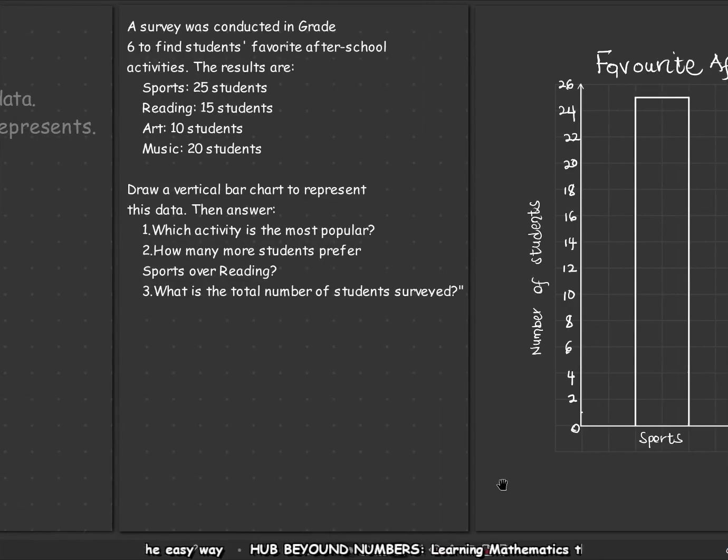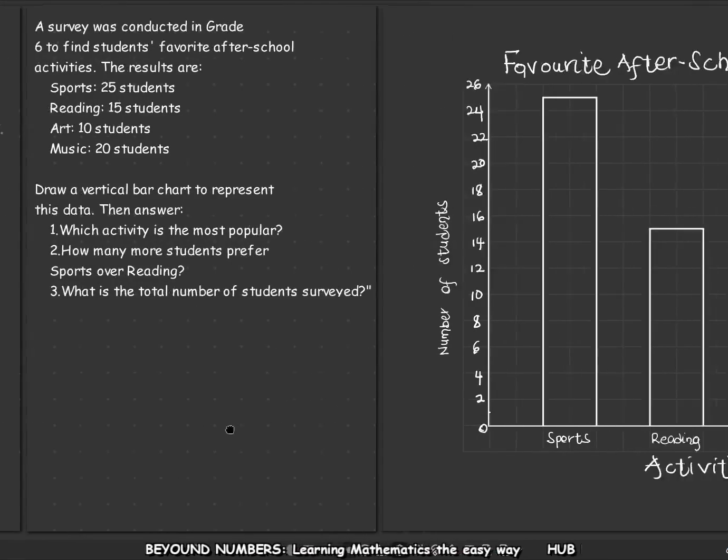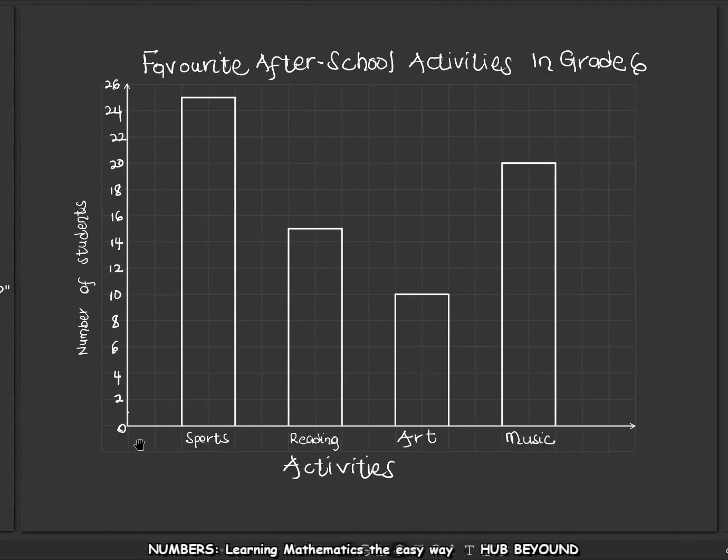Then the next one says, how many more students prefer sport over reading? How many more students prefer sports over reading? If you want the number of students who prefer sport over reading, then that is going to be this portion over here. See, all of this, because that is the excess we have relating it towards reading.